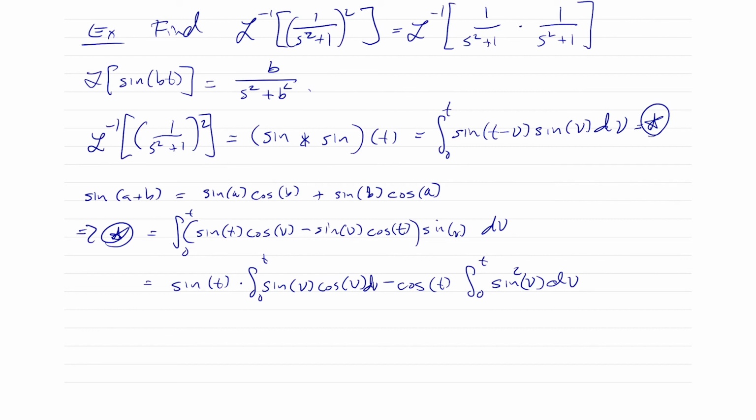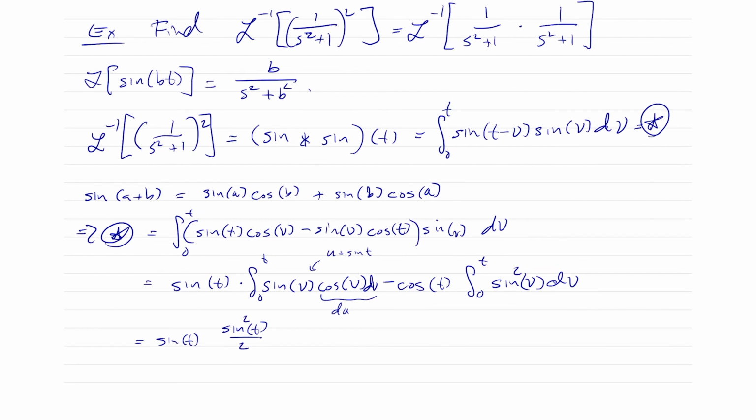So here we can use u substitution, right? So we can say u is equal to sine of t, and so then this whole thing becomes du. And so this is going to give me sine of t, and then it becomes u squared over 2, so sine of t over 2, and then quantity squared.